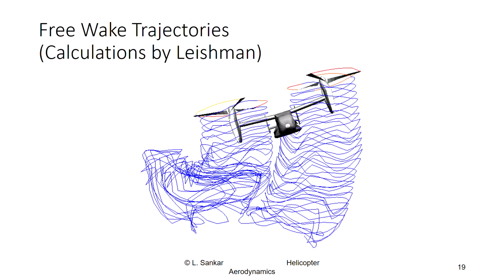Free wake can be modeled both for rotors in hover and in forward flight. In many cases, we have wake-on-wake interaction, so the inflow gets very complicated. Sometimes you want to see what happens to the snow or the sand on the ground. How does the snow get kicked up?